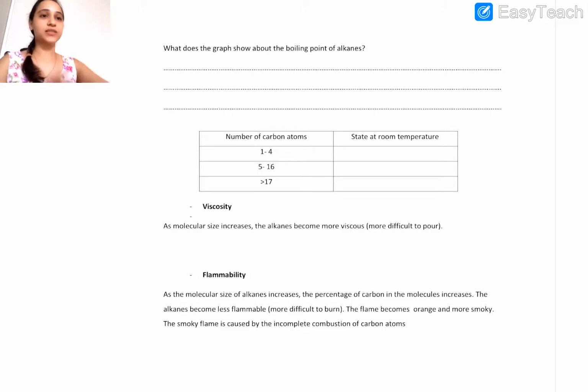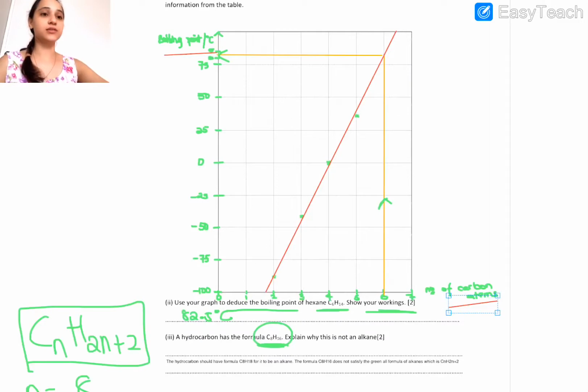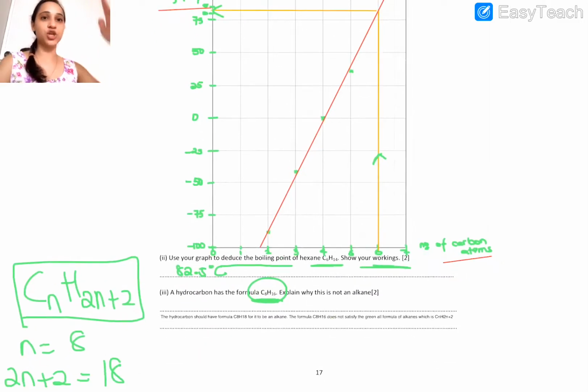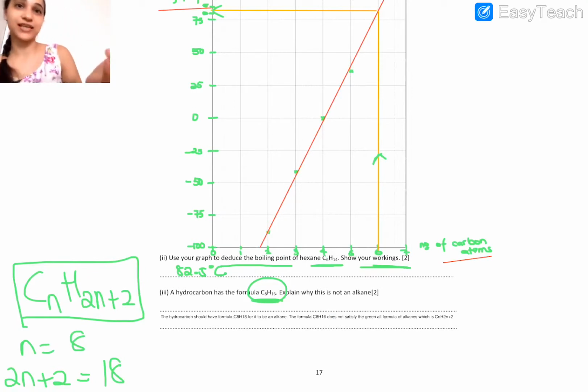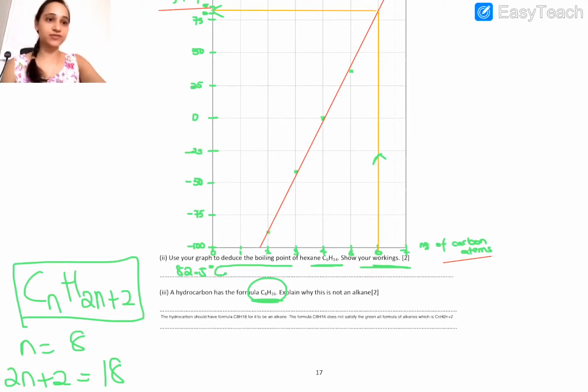Now, depending on the number of carbons, because the boiling point increases, the state of matter of the alkane is going to be different at room temperature. If you look at alkanes with a low number of carbons, from carbon 1 to 4, at room temperature they are usually gases.